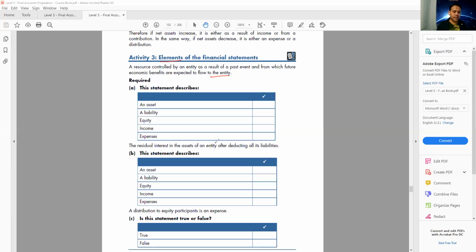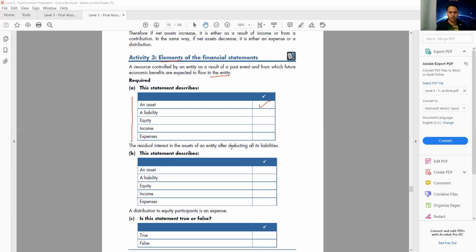What do you think? What is the element we call it? Is it an asset? Is it a liability? Is it an equity? Is it an income, or is it an expense? So obviously, if we buy something now because of the past event, it creates a future economic benefit. We call it asset. Then we have the residual interest in the assets of an entity after deducting all the liabilities.